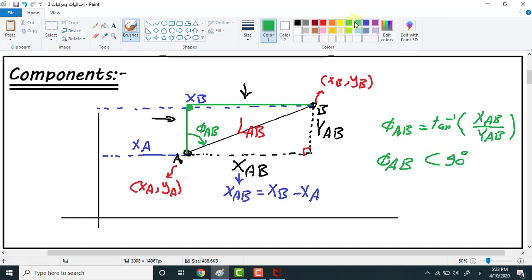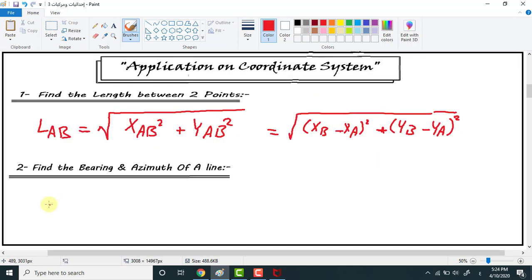So this is not the whole circle bearing, this is the reduced bearing phi dash AB, and like the last video, we can transfer phi dash AB to phi AB from the relation we took before. So the second application, we can calculate phi dash AB equals tan inverse XAB over YAB.